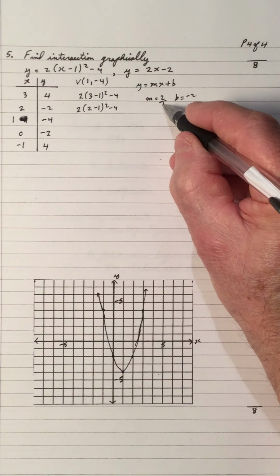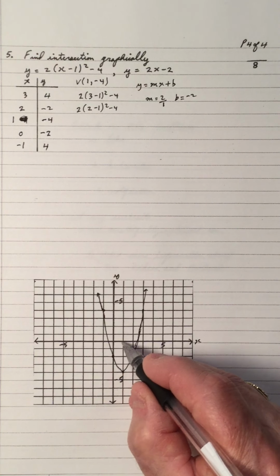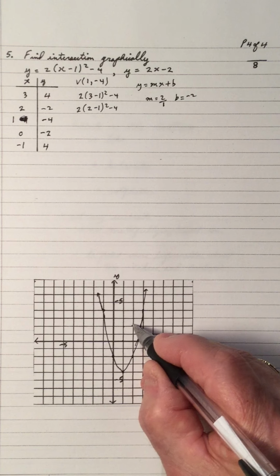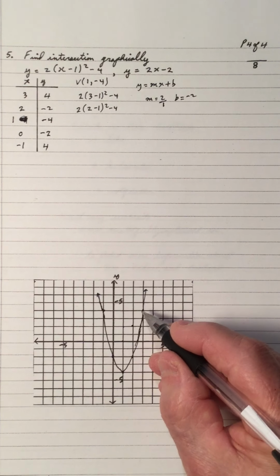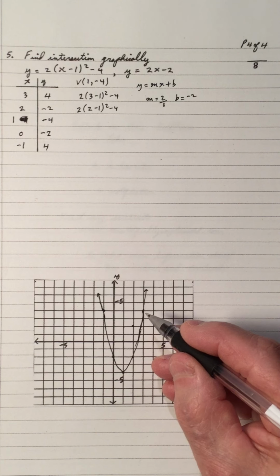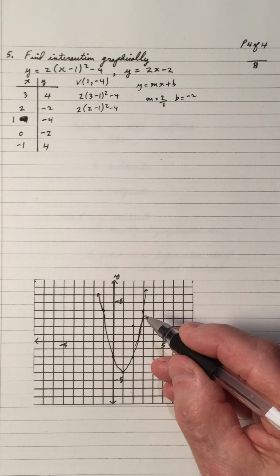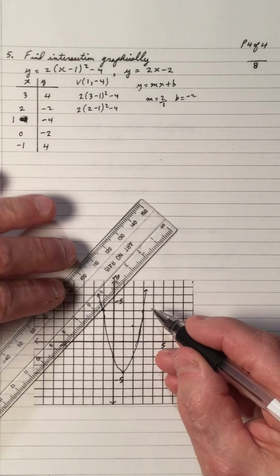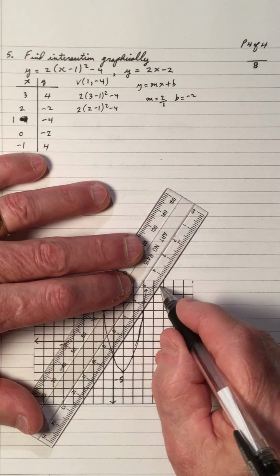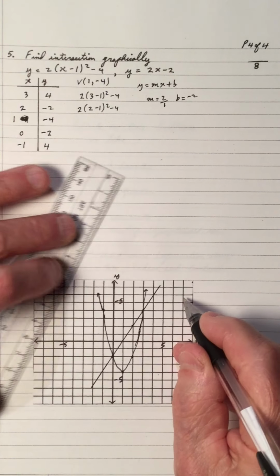And the slope is rise 2, run 1: up 2, right 1, up 2, right 1, up 2, right 1. And you notice I'm going to draw a line through those 4 points that I plotted. And here it is. So there's the line.